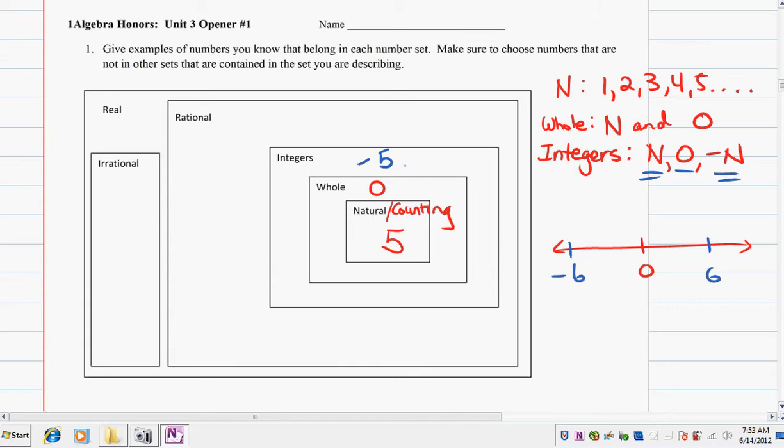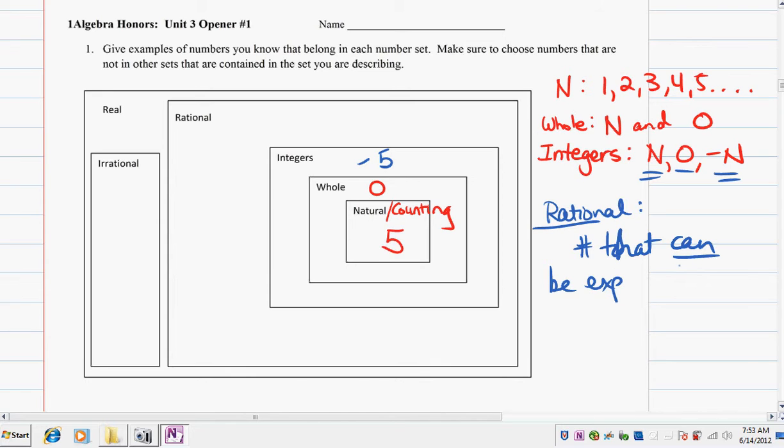Rational numbers. You see it has the word ratio in it, and it's because it's a number that can be expressed, and I said can be, it's an important word, as a ratio of two integers.